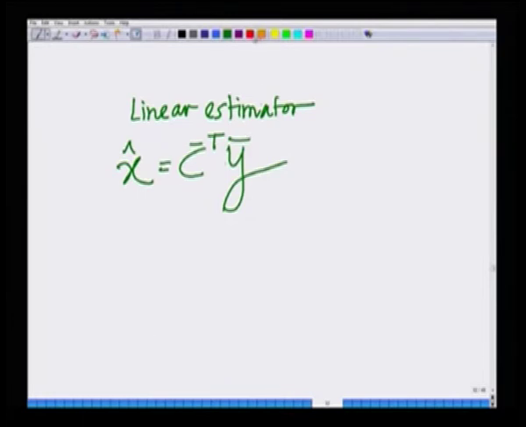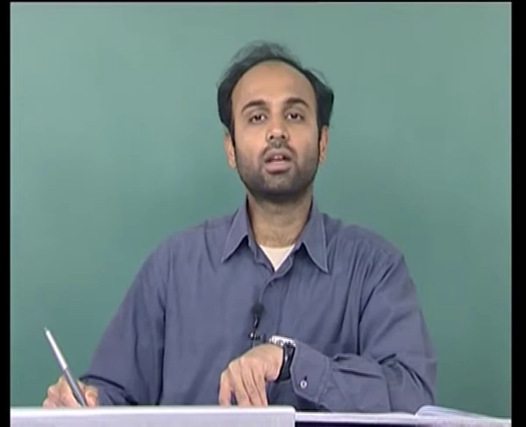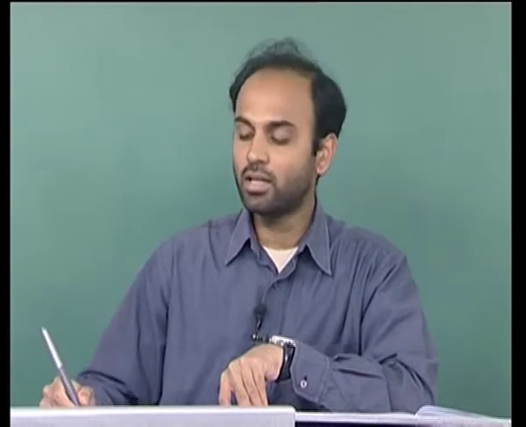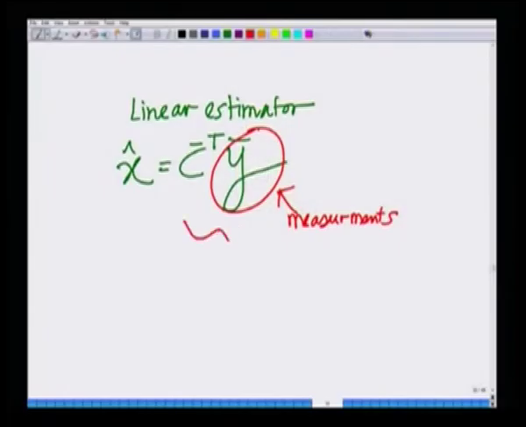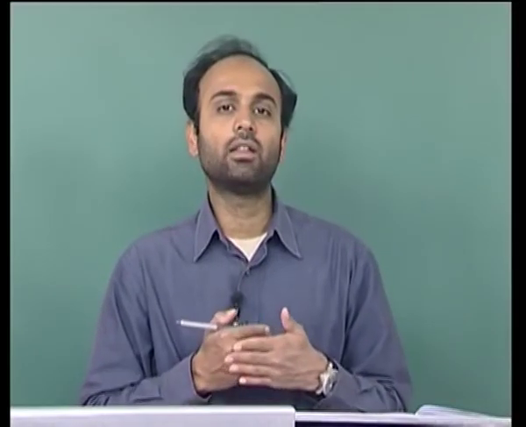So, these are my measurements. I want to estimate x from the measurements. I am going to use a linear combiner C such that C transpose y bar gives my estimate. So, this is my estimator. In fact, this is a linear estimator because it is linearly combining the measurements.